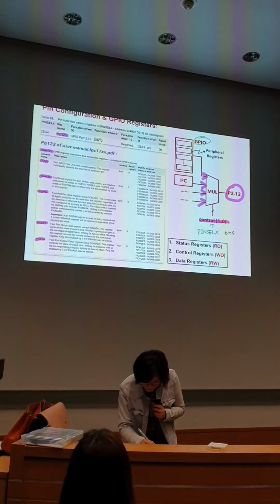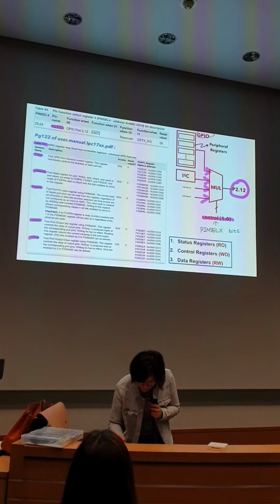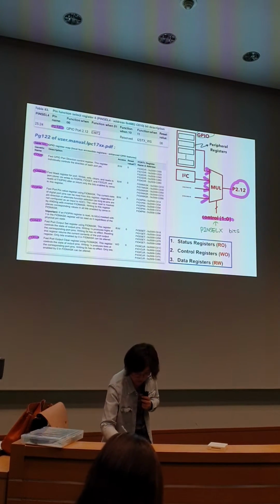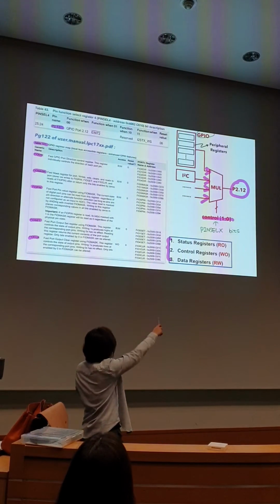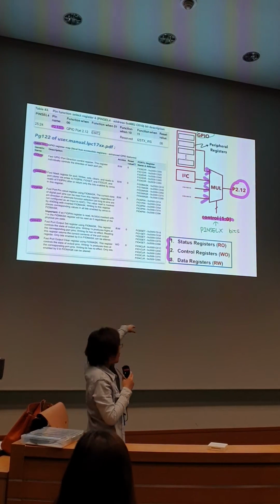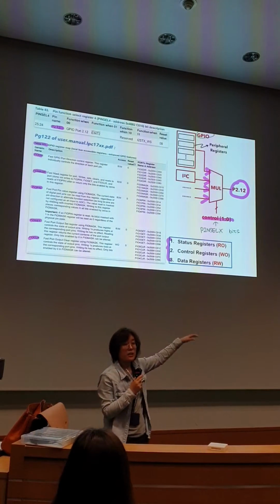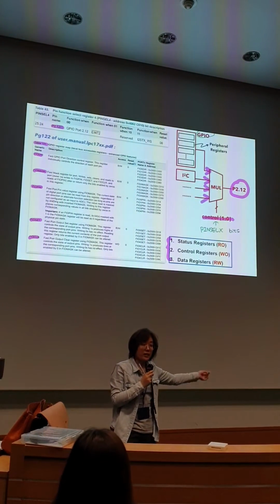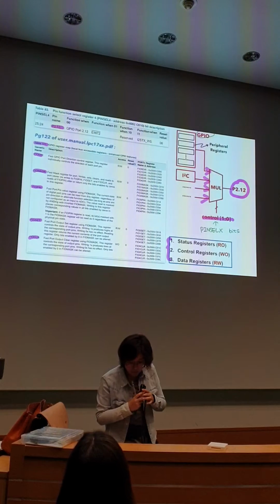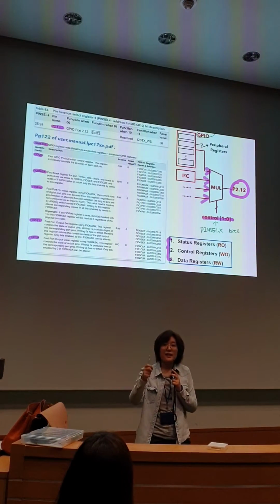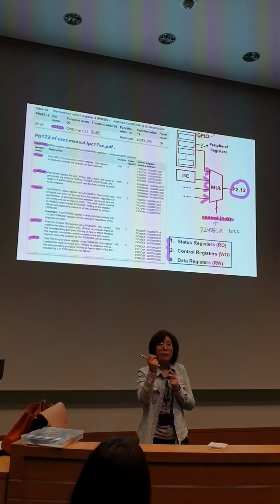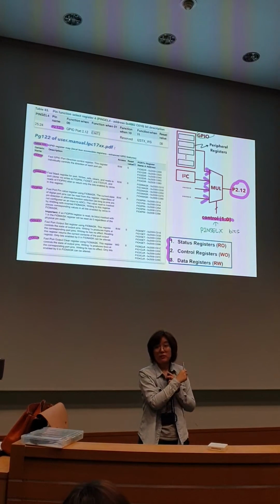Basically, these registers are actually for 3 types. We have many registers, but we can conclude them as 3 different types. One is we say status registers. Basically, you can get the status of your pin by reading this register.